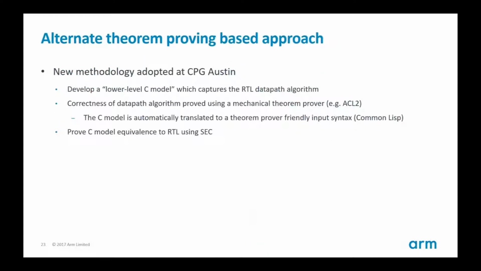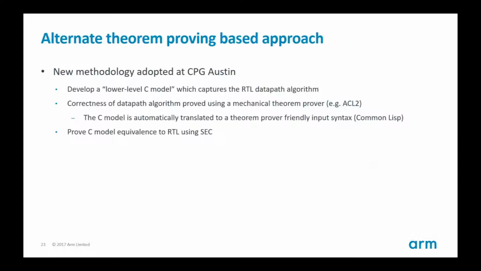Right, moving forward, we hired an industry expert in the area of theorem proving to do theorem proving based floating point data path verification, and this was quite different from the approach I've talked about so far. He would stare at the RTL, understand the logic, and develop a lower level C model based on the RTL.